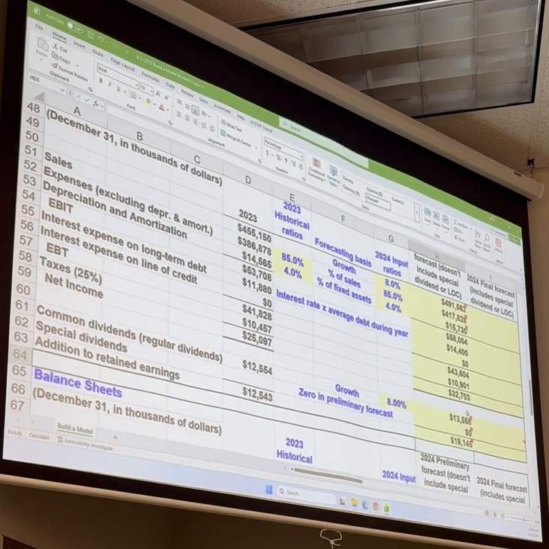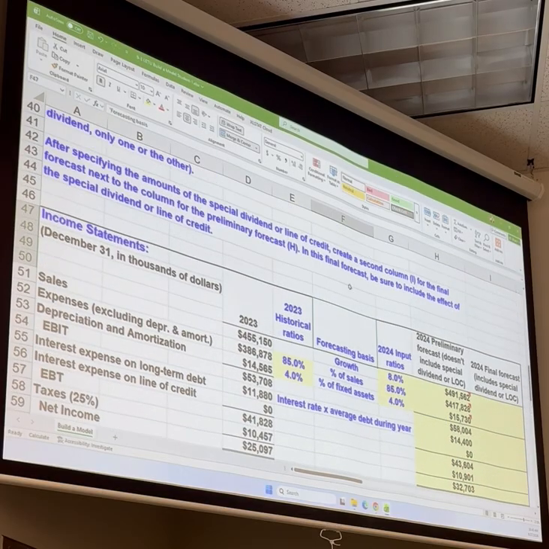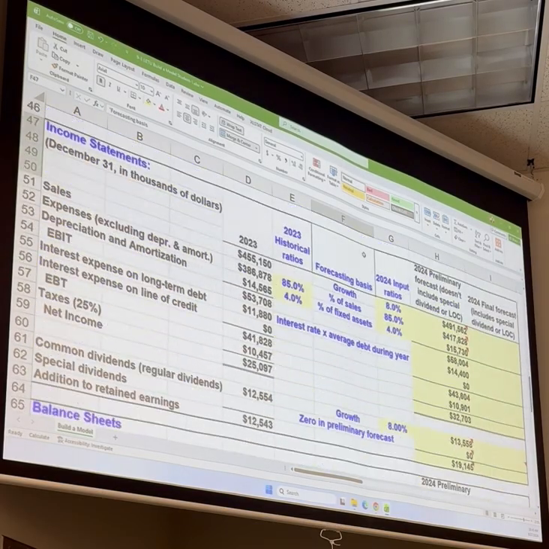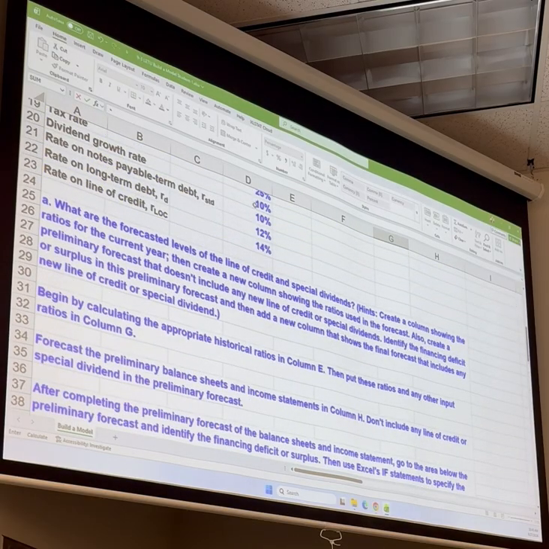Oh, that's the dividend growth rate. I think you used the sales growth rate. The dividend growth rate should be 10% up top. Okay, good catch. Everybody catch that? This growth rate was set up top as 10%, so it shouldn't be the 8%, it should be the dividend growth rate, 10%.